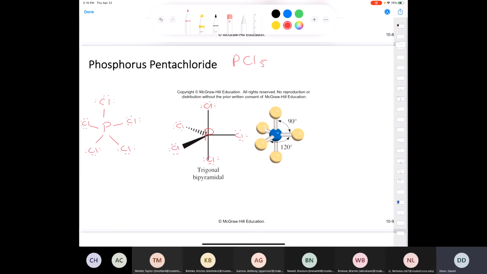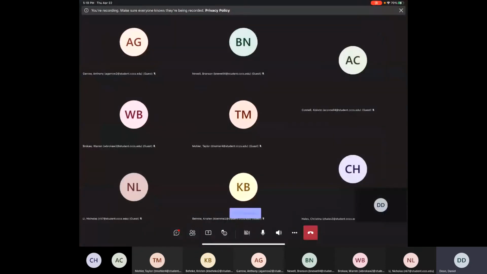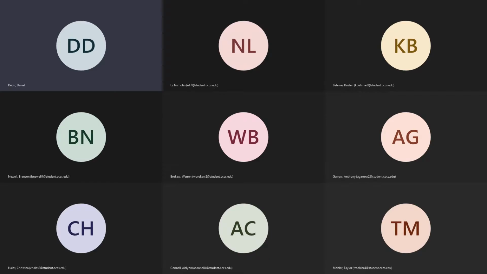Now, if you're the kind of person that struggles with viewing things in 2 dimensions on a screen or on a piece of paper and then imagining them in 3 dimensions, this is where handheld models can come in really handy. Let me show you a molecular model of the trigonal bipyramid, or the trigonal bipyramidal molecular geometry.